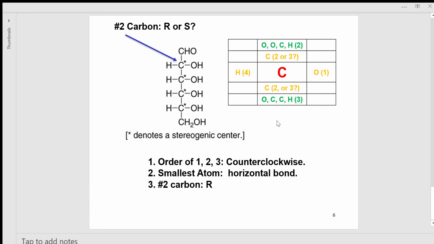Then I have to say I'm a very patient person when I need to decide if this is R or S. Just draw the structure and do it step by step. Then you will be able to decide the circulation from 1 to 2 to 3. Then decide if it is either R or S.